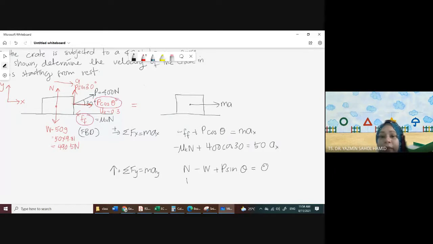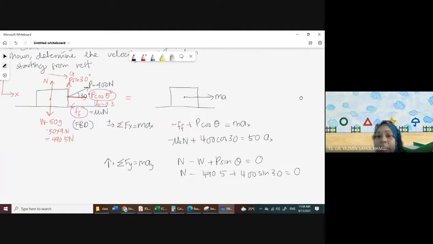So N minus mg plus, okay, better to directly substitute. Just now we calculated, what was m? 490.5 plus 400 sin 30 equals to 0. Okay. Alright, is this correct?